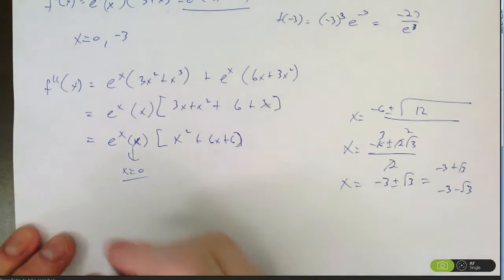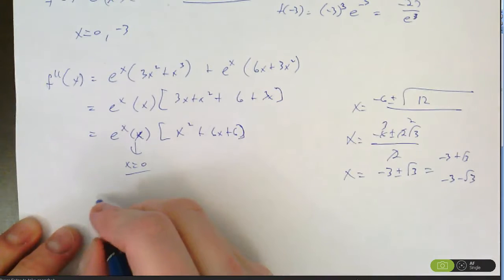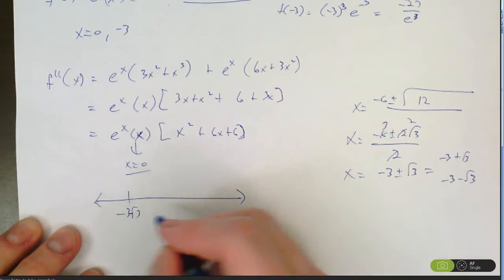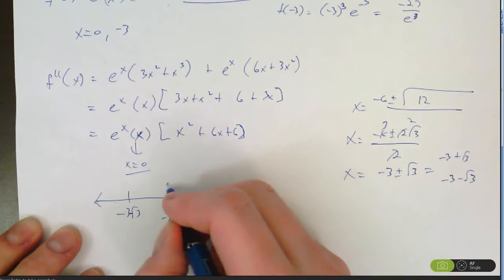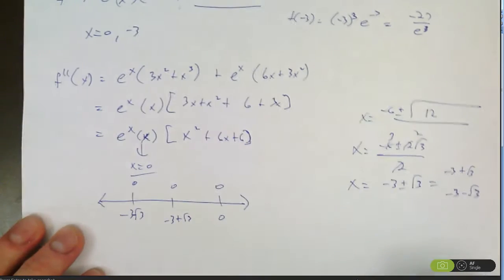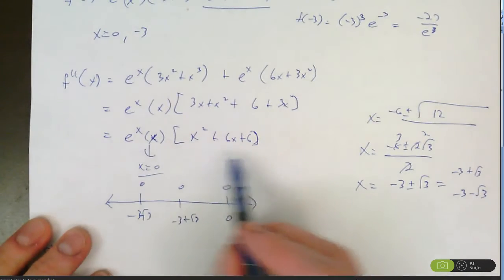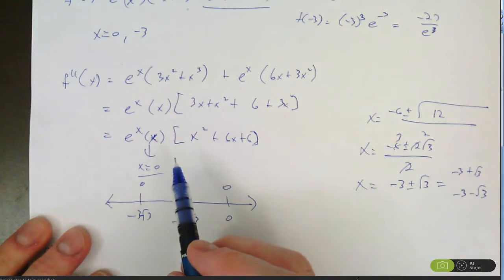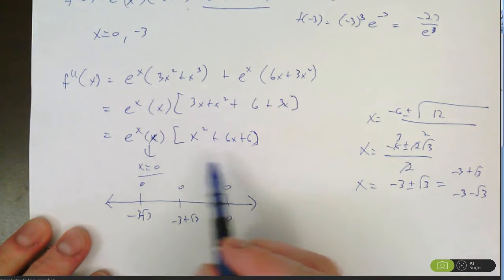And as I go with my number line here, to find inflection points, negative 3 minus root 3 is the smallest, then negative 3 plus root 3, and then 0. So if I go back to this, it's actually kind of strange.